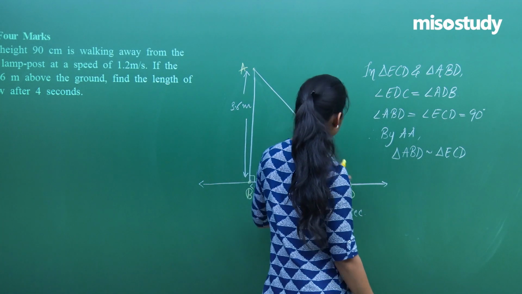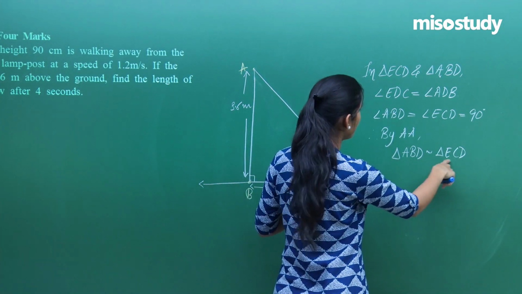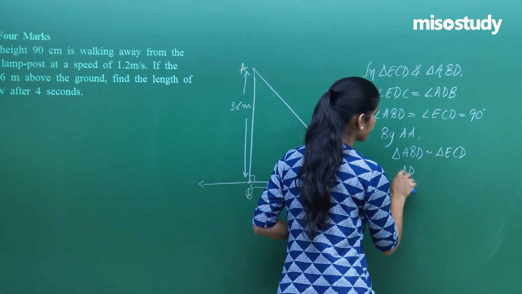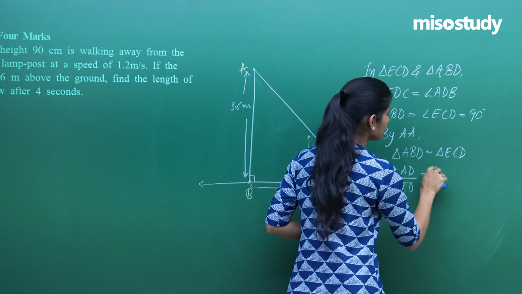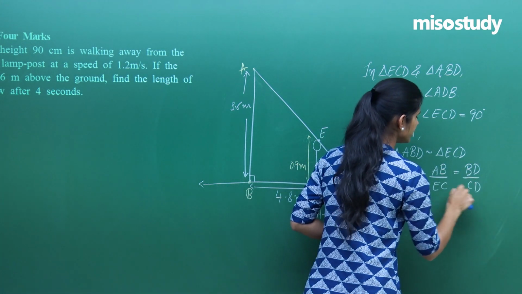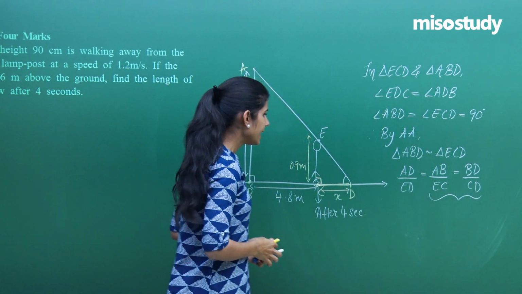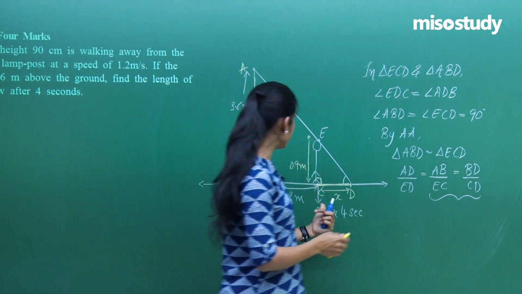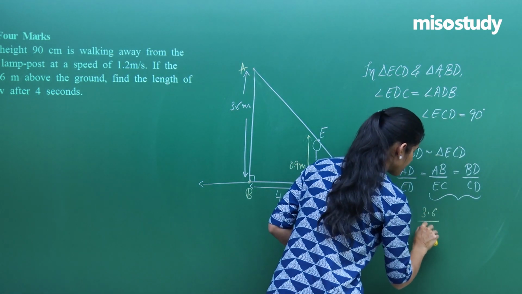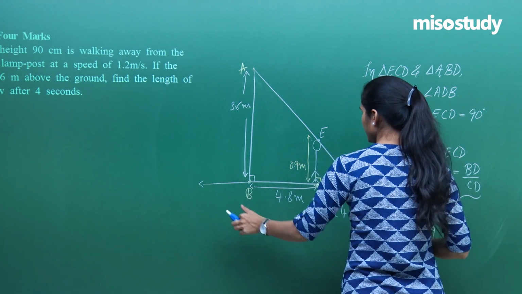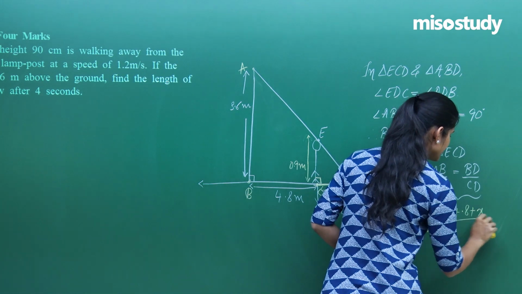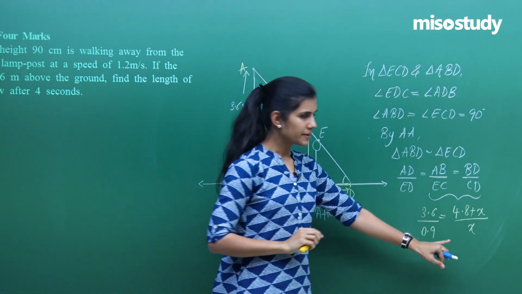So you will have AD upon ED is equal to AB upon EC is equal to BD upon CD. Catch hold of this. AB upon EC gives you 3.6 upon 0.9. This is equal to BD. BD is 4.8 plus X and CD is just X. This is what you have.